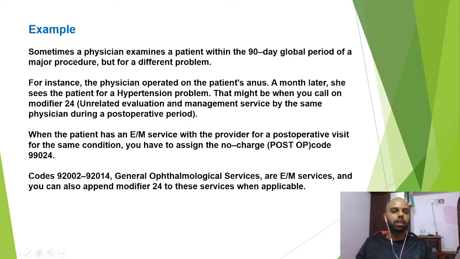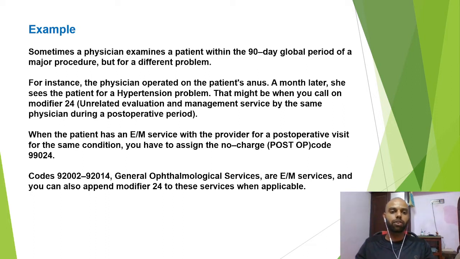Example, sometimes a physician examines a patient within the 90-day global period of a major procedure, but for a different problem. For instance, the physician operated on the patient's anus. A month later, she sees the patient for a hypertension problem. That might be when you call on modifier 24, because a month before, the patient was admitted and a procedure was done on the anus.